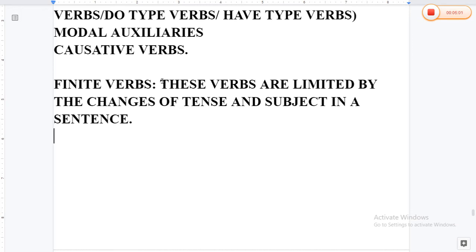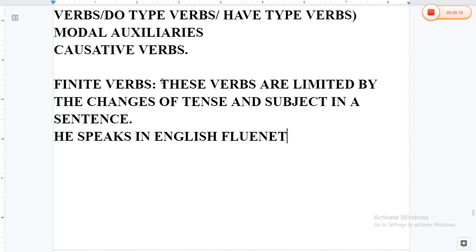Fine. So let's take some example in a sentence. Say, he speaks in English fluently. This is a statement in present simple tense. Now I change the pronoun.